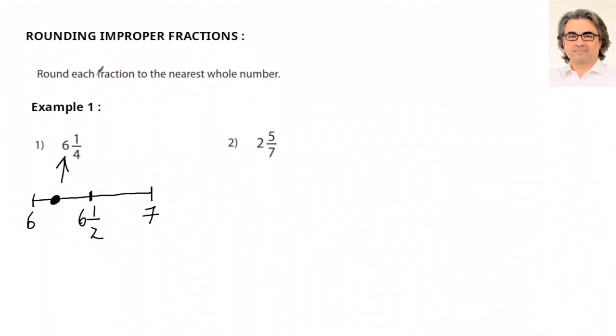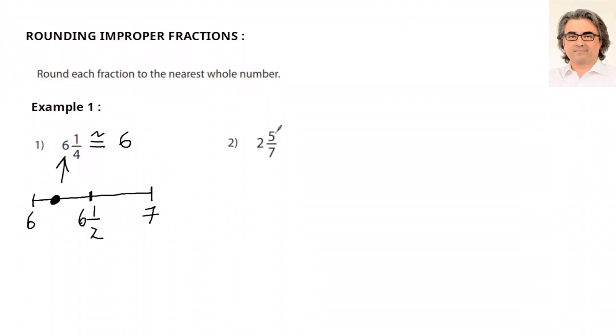So round each fraction to the nearest whole number. It means 6 and 1 over 4 is 6. It's not exactly 6, but it's closer to 6 than 7.